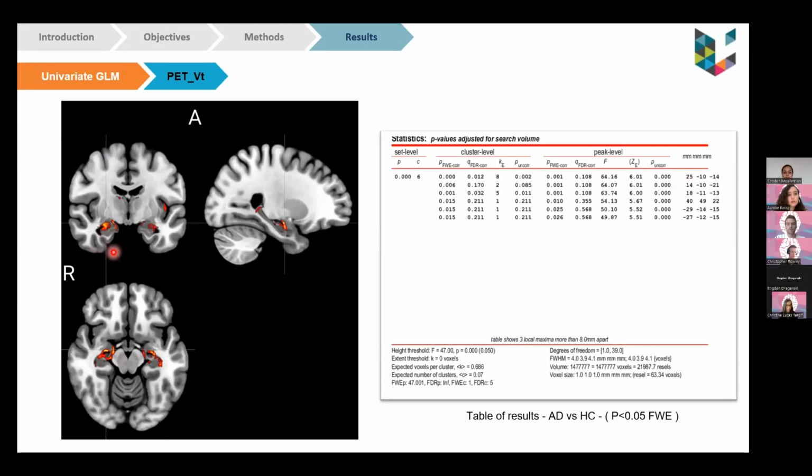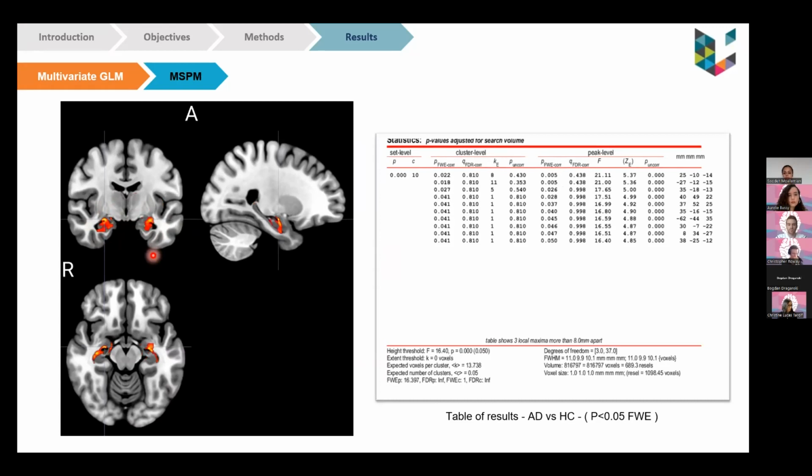For PET VT maps, our results support the previous findings of Bastan and colleagues, showing the difference between AD and HC groups bilaterally in hippocampus.